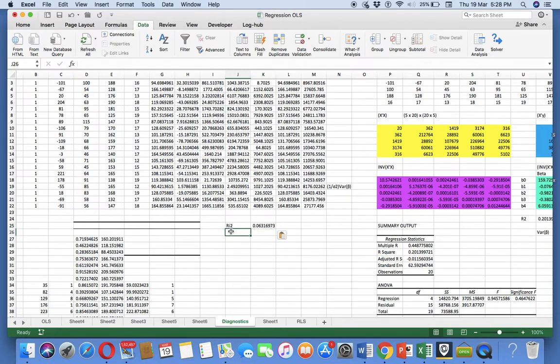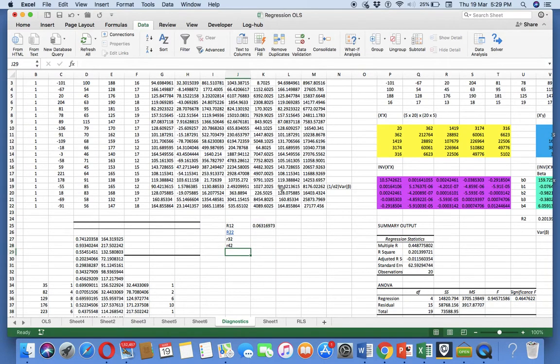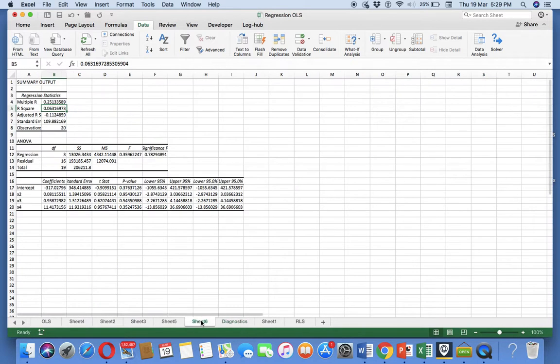Similarly, I'll get this for the second: R1 squared, R2 squared, R3 squared and R4 squared. I'm going to show you only R1 squared, which is the regression result that I get when I regress x1 on x2, x3 and x4. My value is 0.06.